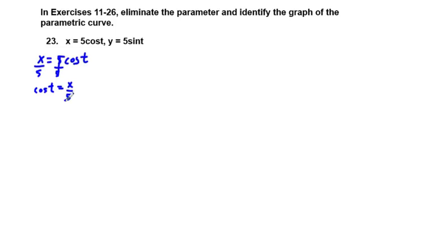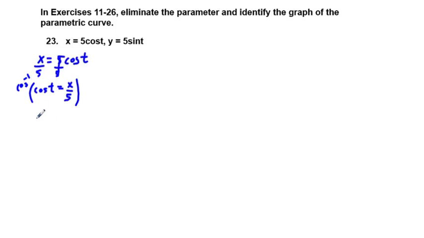Okay, and how are we going to isolate and get t by itself? Well, if we take the inverse cosine, which I write as cosine to the power of -1, but that's notation for inverse cosine.